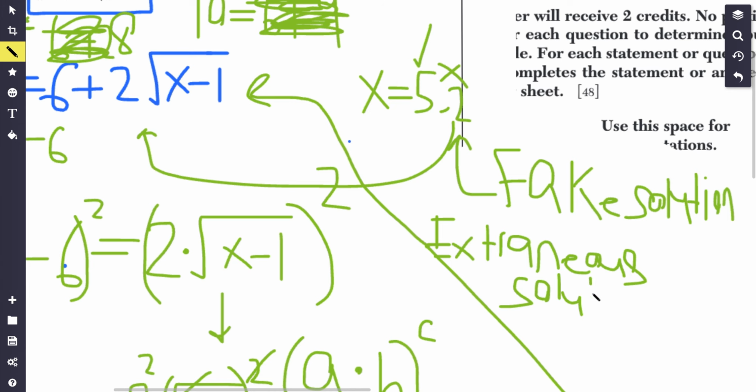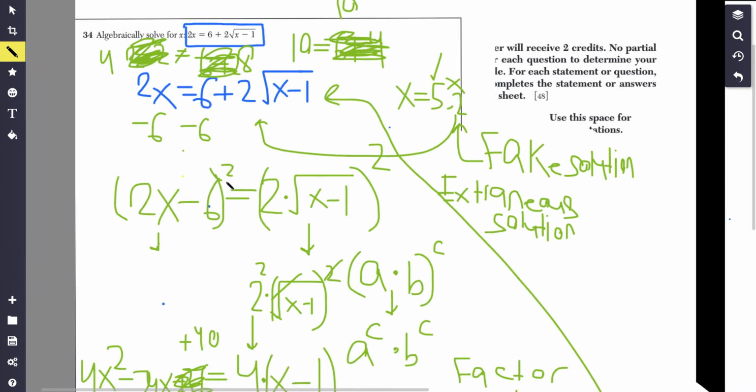This occurs very commonly when you have to square both sides. So whenever you're squaring both sides of an equation, always watch out for these fake, extraneous solutions.